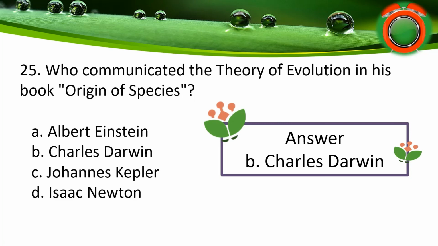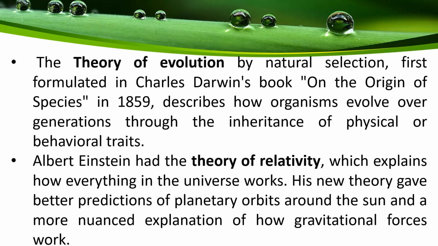The correct answer is B. Charles Darwin. The theory of evolution by natural selection, first formulated in Charles Darwin's book, The Origin of Species. So, idinidescribe dito kung paano nag-evolve ang organism from one generation to another generation.